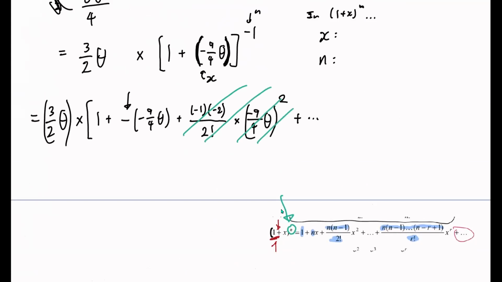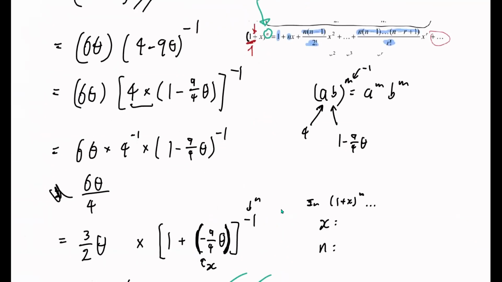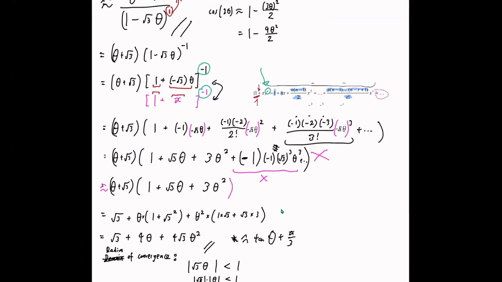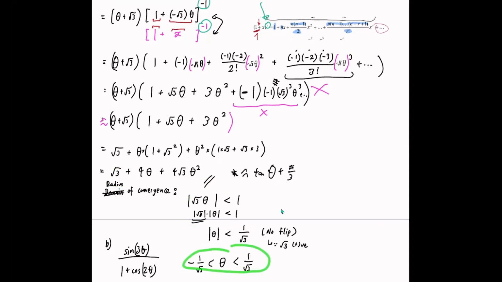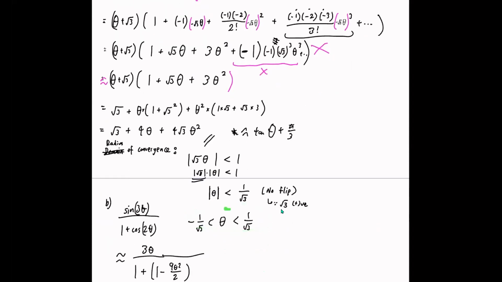Oh, right. I realized just now when I showed you the graph of part A1, the graph of this √3 plus 4 theta plus 4 √3 theta square, the radius of convergence, where we say theta is between -1/√3 and +1/√3, this applies only when you expand out an infinite number of terms in this Maclaurin series expansion, in this binomial expansion.